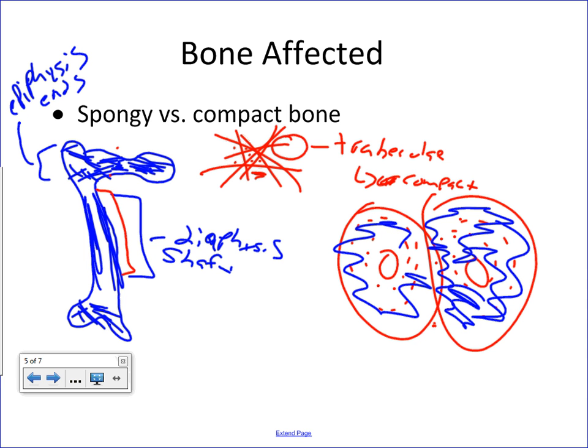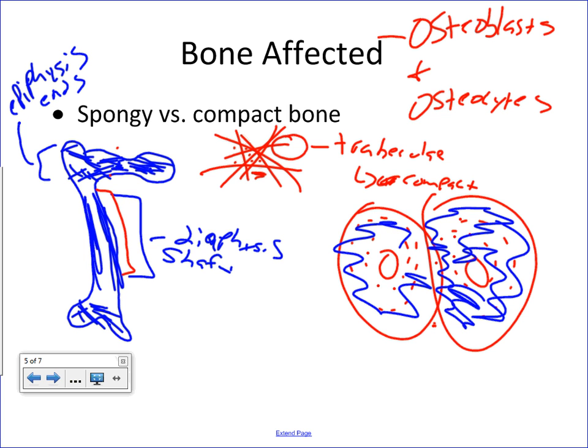All right, and remember the cells that are involved in both of these types of bone that make the remodeling process take place: osteoblasts and osteoclasts.